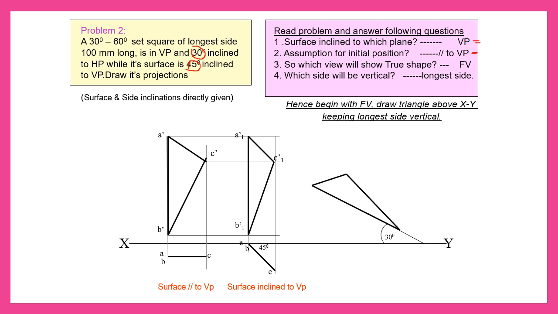Now we have tilted this triangle by 30 degree. Since the longer edge is inclined, along the 30 degree you will have the longer edges. Then project all these points and you will get the final top view. So this is the final front view and final top view.